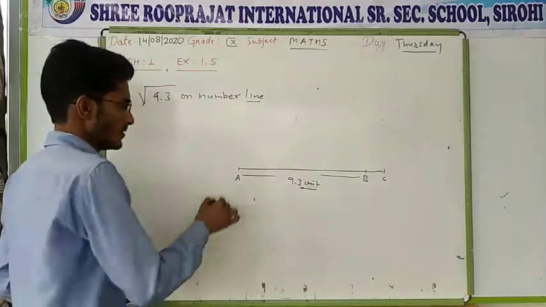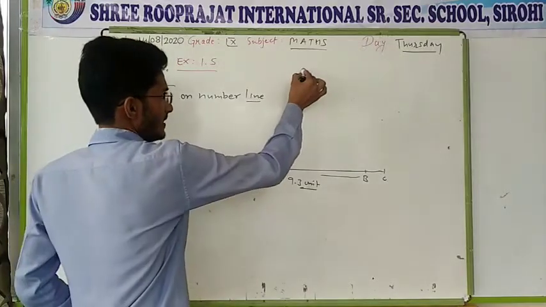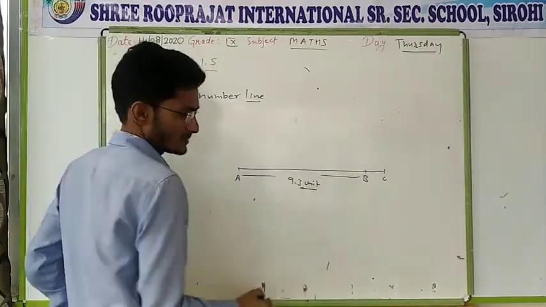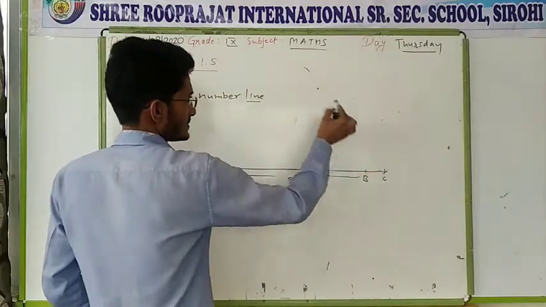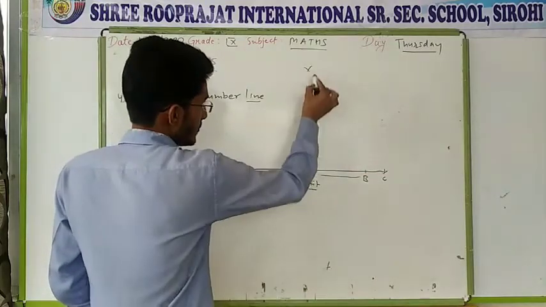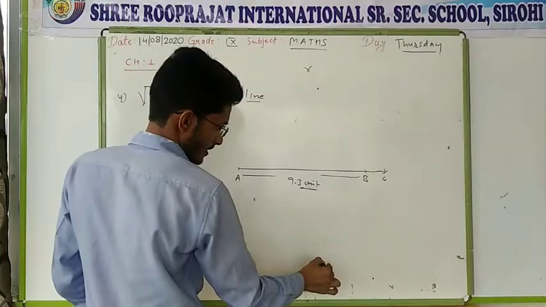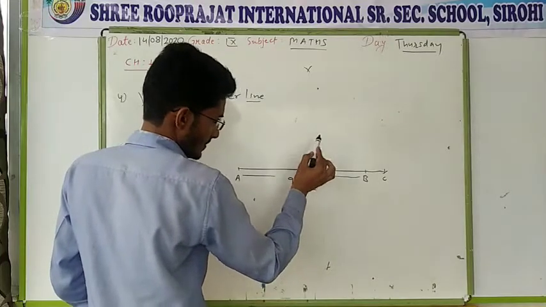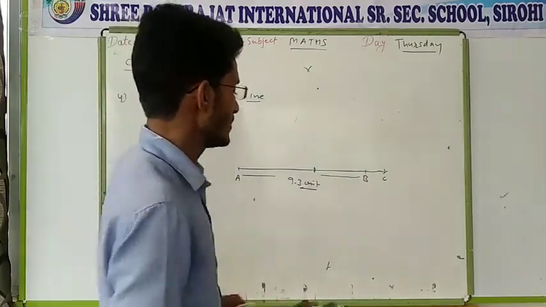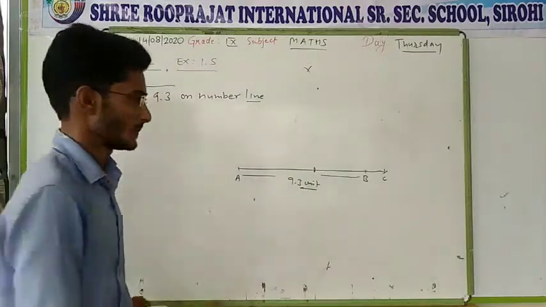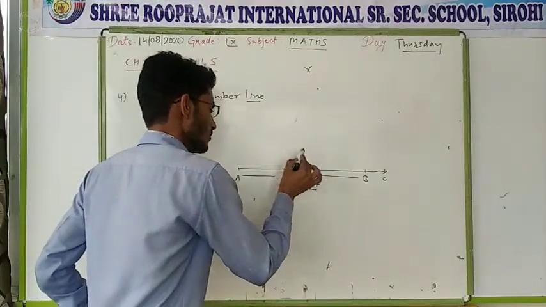For bisecting, you take point A and cut an arc above and downside, and then from C above and downside. If you join both the points you get the midpoint. Suppose the name of that midpoint is O.